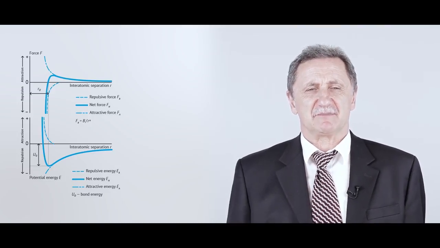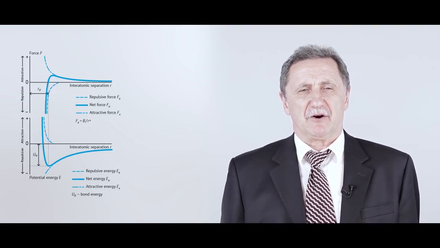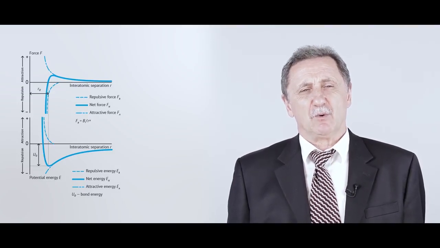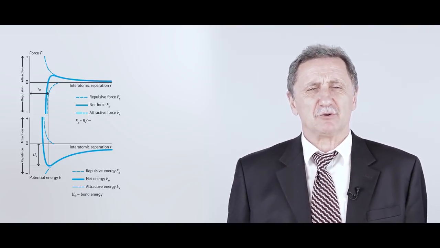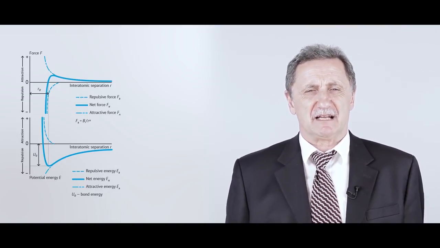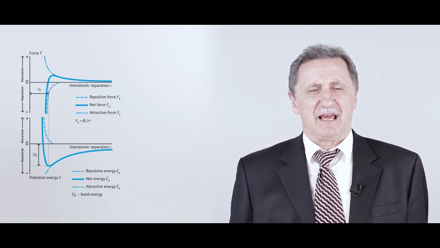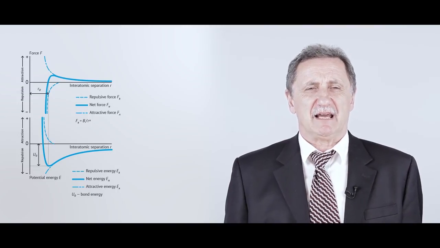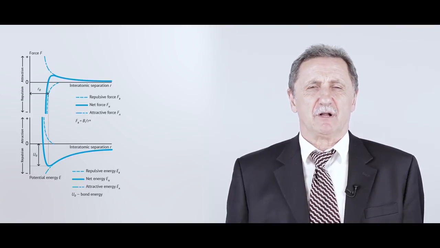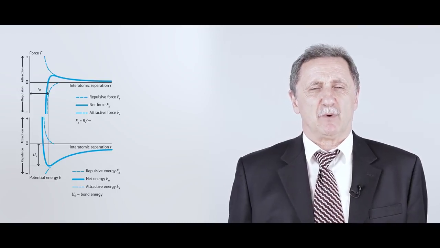Ionic bonding typically occurs when one atom has 1 or 2 valence electrons and the other has 7 or 6 valence electrons. In this case, they easily exchange electrons, and we have positively and negatively charged ions, and the very well known Coulomb interaction between these two atoms starts its work.